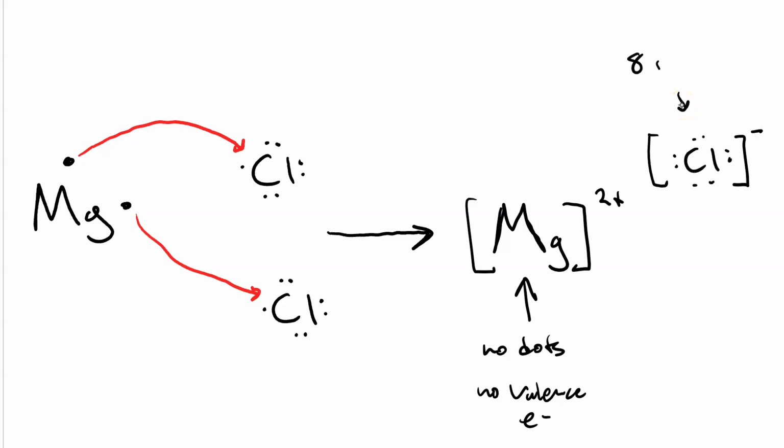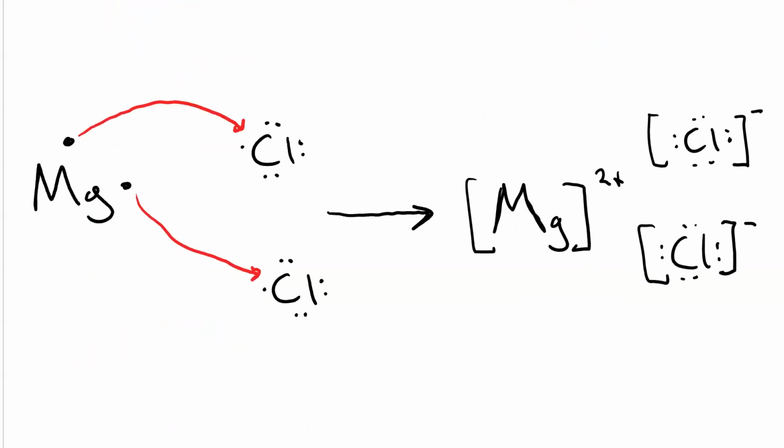Each chloride ion now has 8 valence electrons and has a charge of -1. The charges go in the upper right hand corner outside the brackets, and of course there are 2 chloride ions. So on the right we have the Lewis symbol representation of an ionic compound.